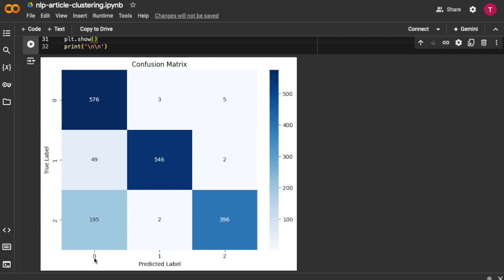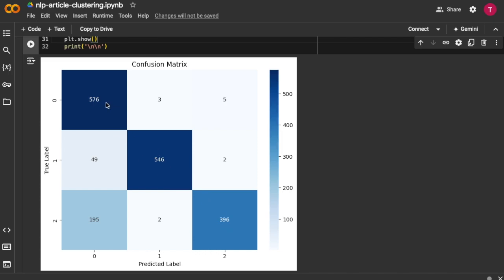So the predicted label 0 when the true label was 1 and when the true label was 2 did happen sometimes. And the same is true for the predicted label of 1. This one did a little bit better. When the true label was 1, 546 articles were accurately predicted. And when the predicted label is 2 and the true label is 2, we see the majority of the articles again, 396, accurately predicted.